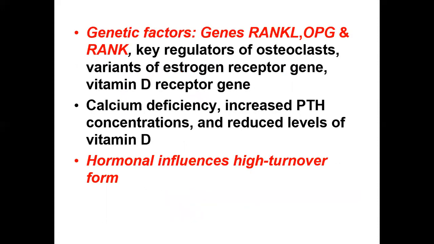Then there are certain genetic factors: genes controlling RANK L, OPG, and RANK. They are key regulators of osteoclasts. And variants of the estrogen receptor gene and vitamin D receptor gene are associated with increased risk of developing osteoporosis.